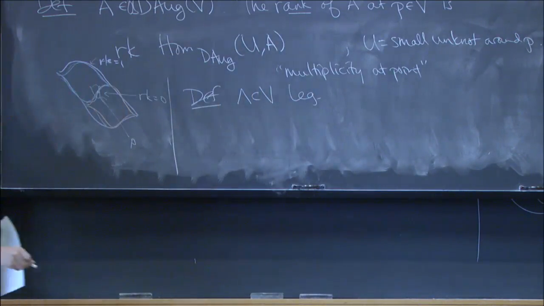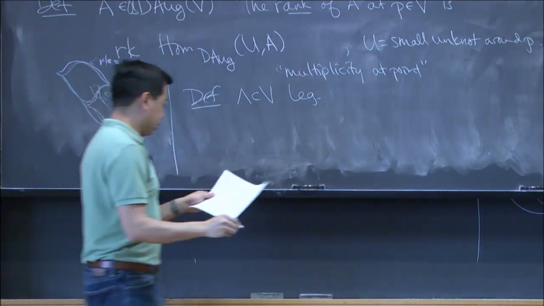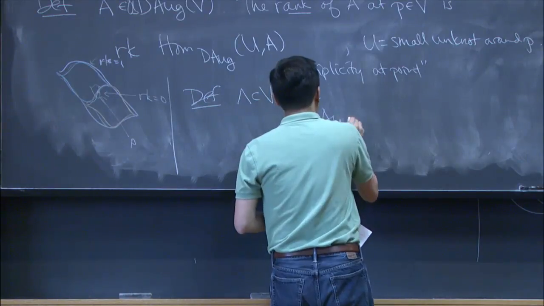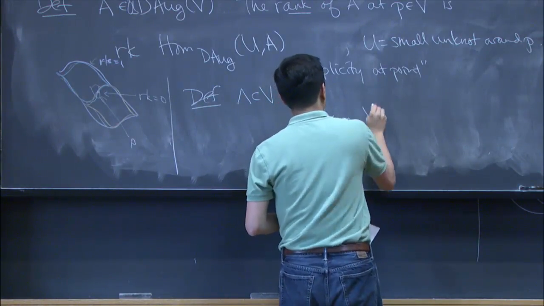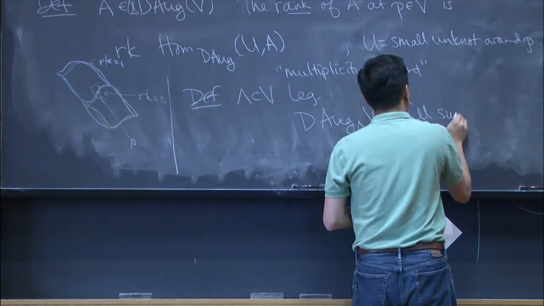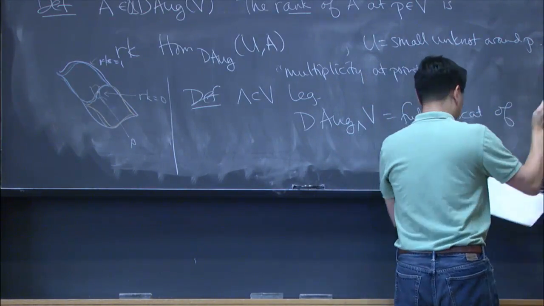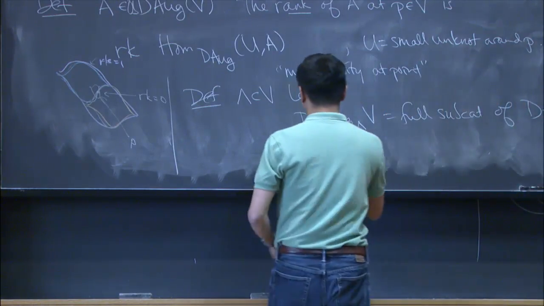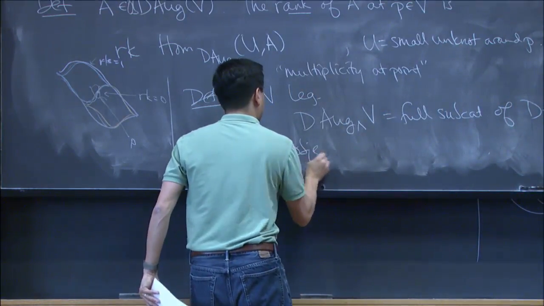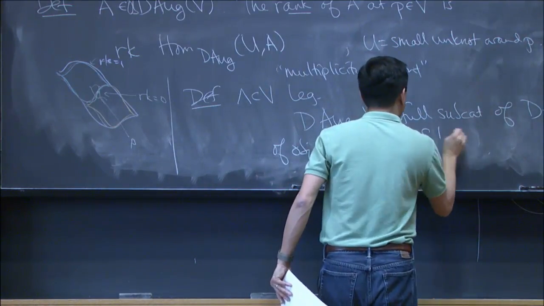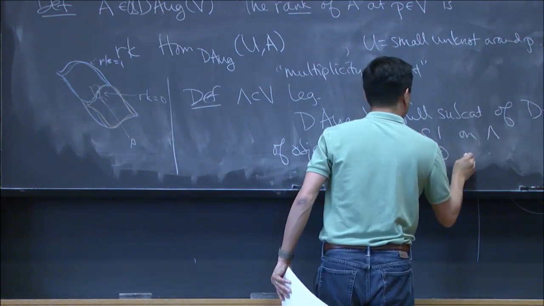So now we have a fixed Legendrian inside of V. Then we can define a subcategory of this. I'll write it as d aug lambda V. This is the full subcategory of d aug V of objects with rank 1 on lambda and 0 otherwise.